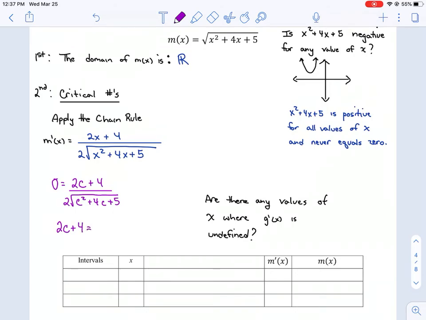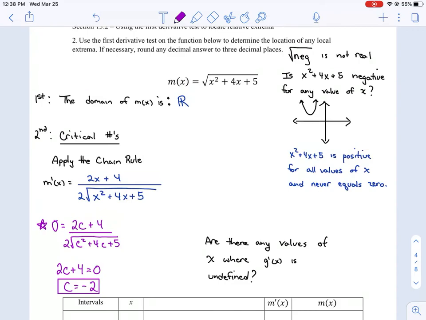So I'm going to set the numerator equal to 0, and we get negative 2. Now, I know that this negative 2 is a critical number because if we were to substitute negative 2 into the derivative it would equal 0. And negative 2 is in the domain of m of x.